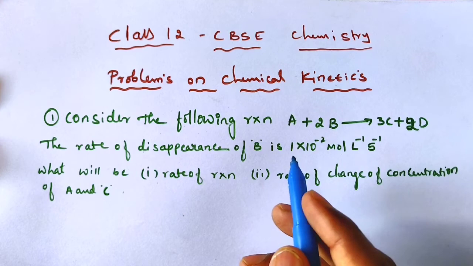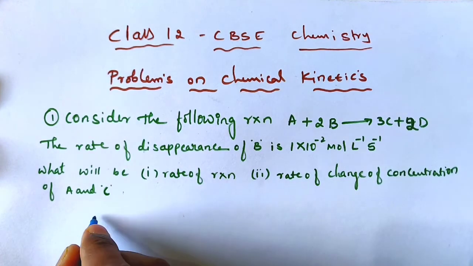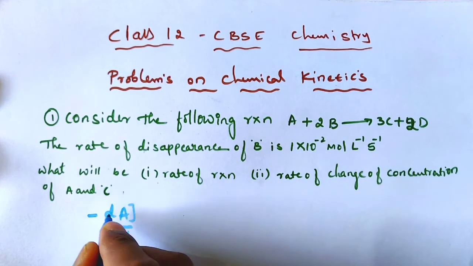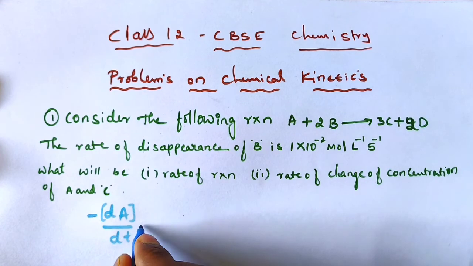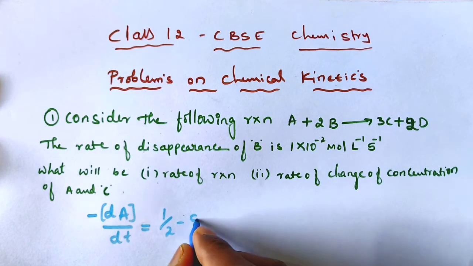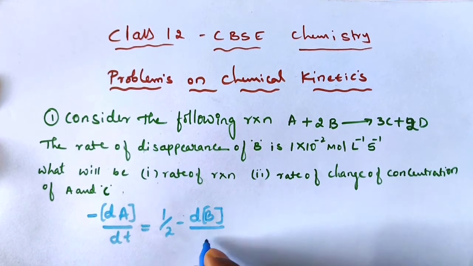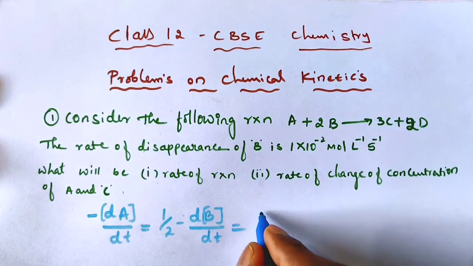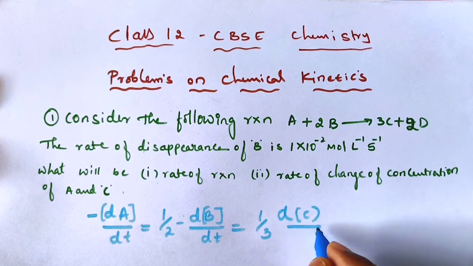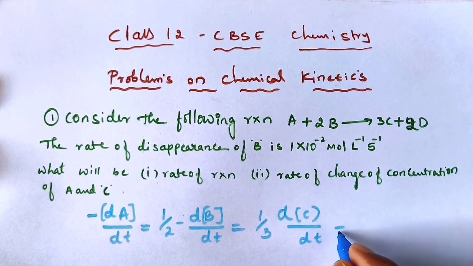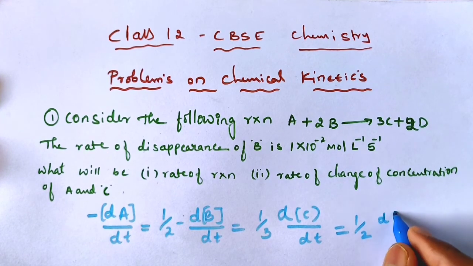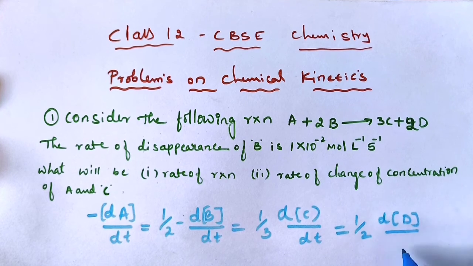When we are writing the rate of the reaction, this will be like minus d[A] upon dt is equal to half into minus d[B] upon dt, that is equal to 1 by 3 d[C] upon dt, that is equal to 1 by 2 d[D] upon dt.